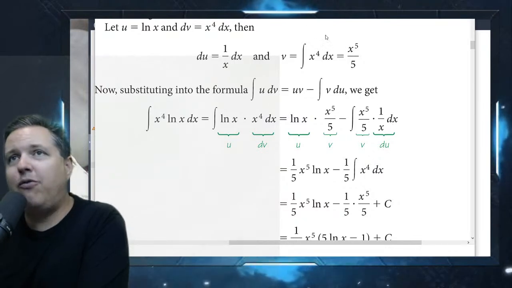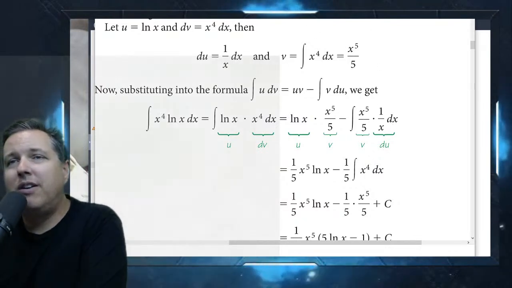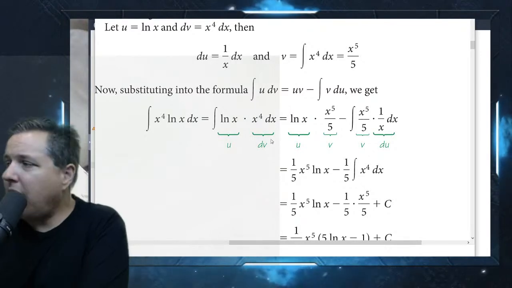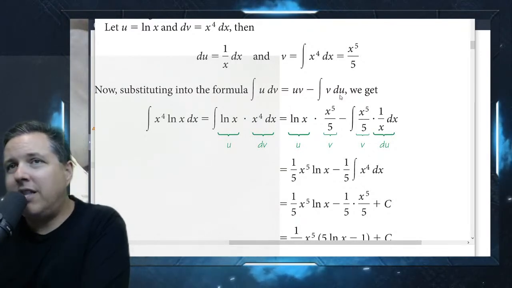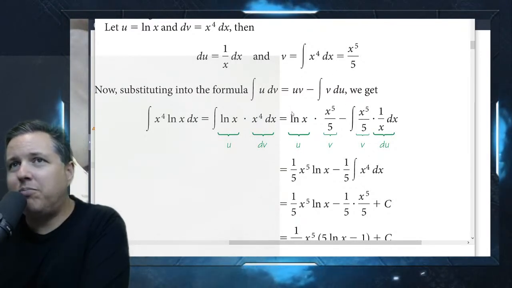So you can see all 4 of these pieces are fitting in our formula somewhere. We've got our u, we've got a v, a du. The dv was in the original problem. So write them all out, and then once you have them written out, you just plug them in there.